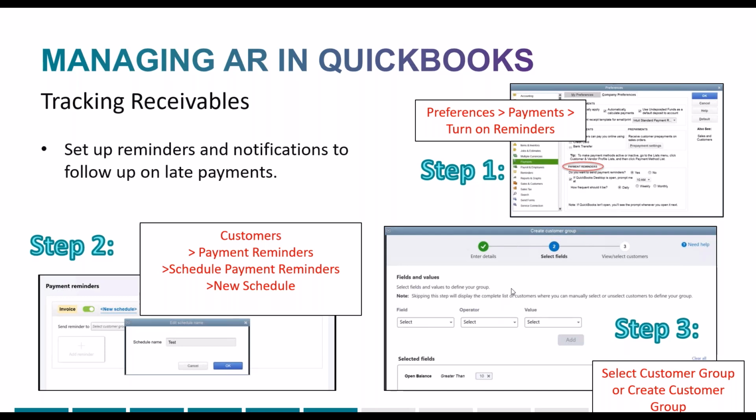Due date. The operator could be less than or greater than. Value, 0 perhaps, or maybe your field is going to be amount due. So maybe you only want to send this or set this up for people who owe more than $100, whatever happens to be. You have several options that you can select from when setting this up.